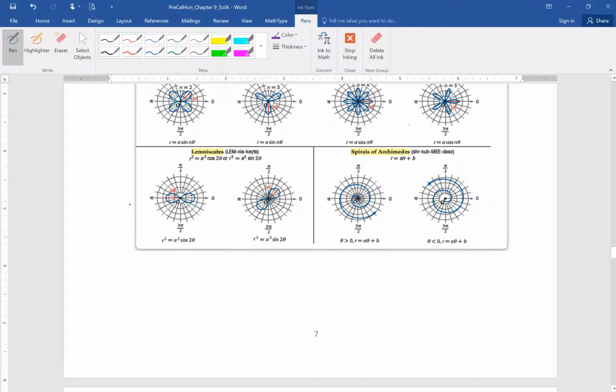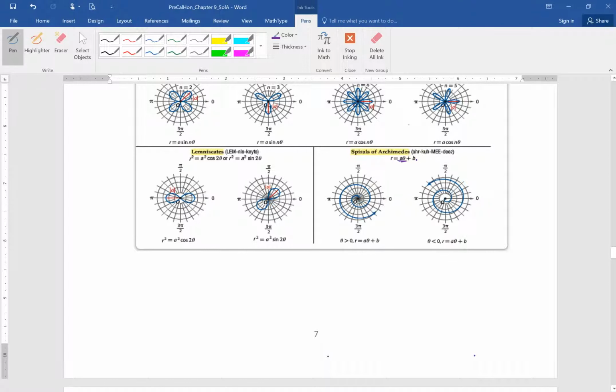Now, we have lemniscates, which look like a figure 8. And there are the spirals of Archimedes, which are literally spirals. That's how you graph them: r equals a theta plus b. So basically, r equals a theta.